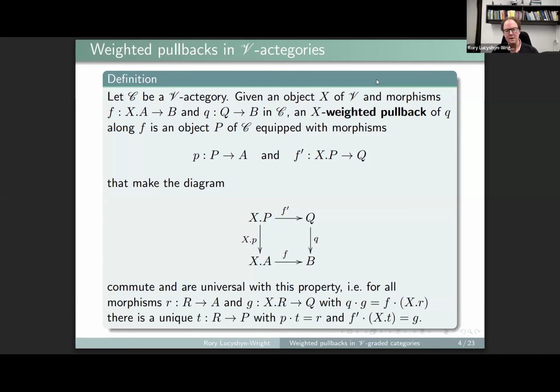There is a unique T from R into P, P being this weighted pullback object, satisfying these equations. So nice, simple, direct, universal property as we would write down in basic introductory category theory. But you can see that this is a bit different from a pullback because we're throwing in the object x. Where does that live? That's an object of V.